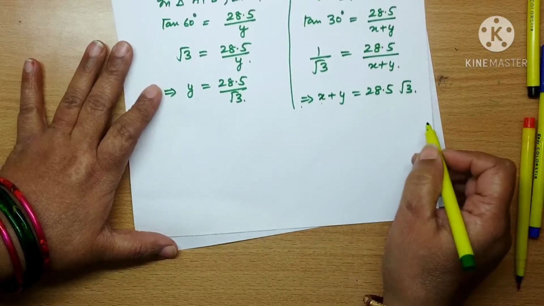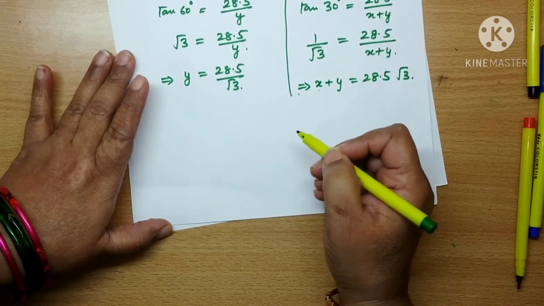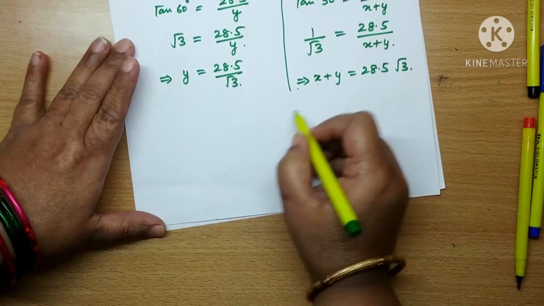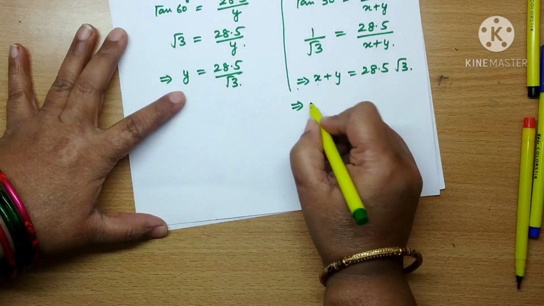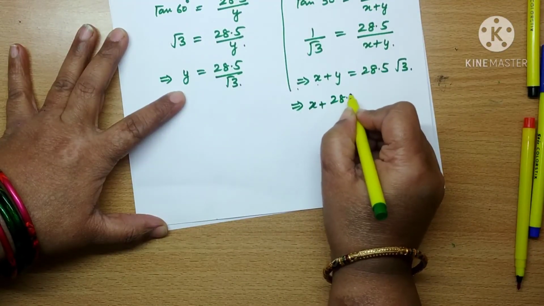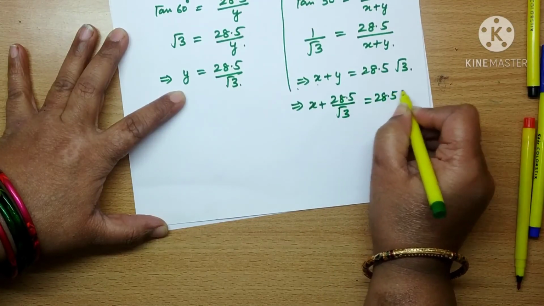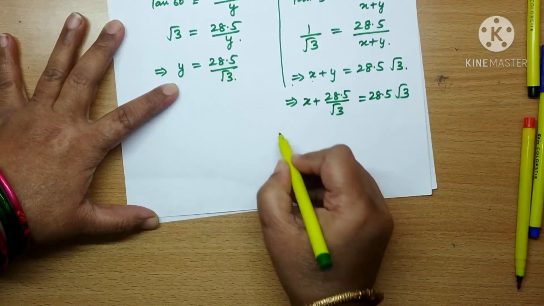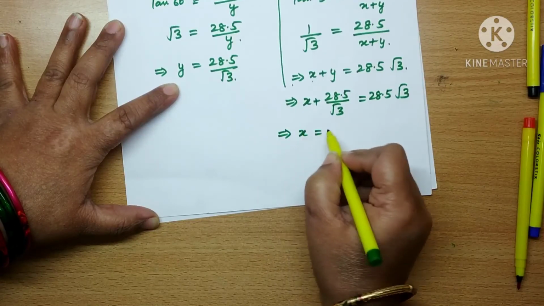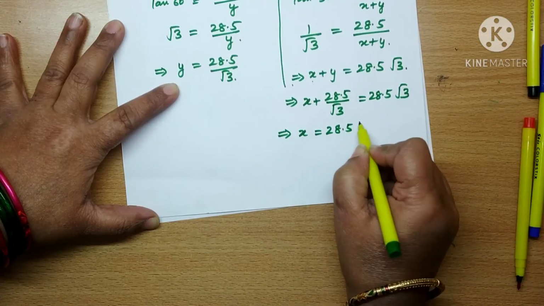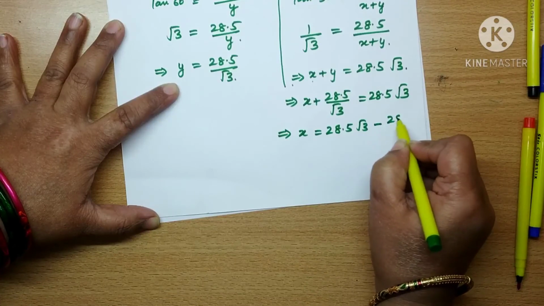We are to find the value of X, so I'll substitute the value of Y here. So X plus 28.5 by root 3 is equal to 28.5 root 3. So I get X as 28.5 root 3 minus this.